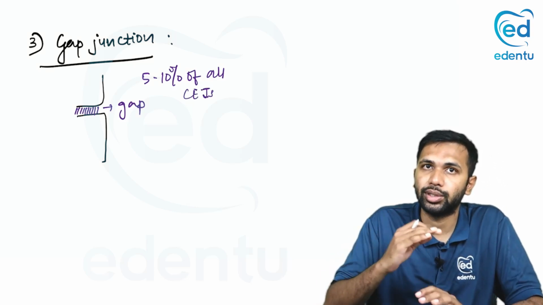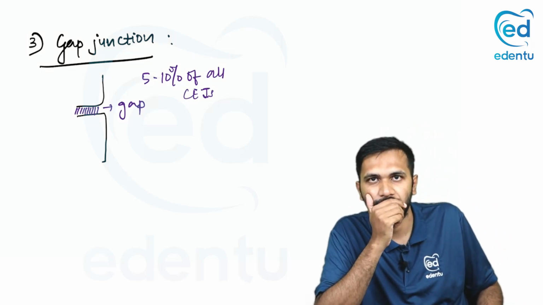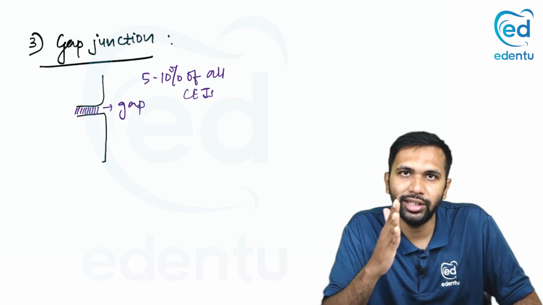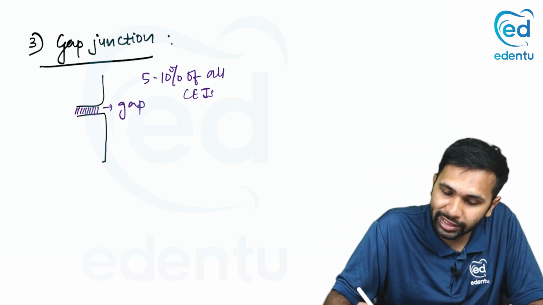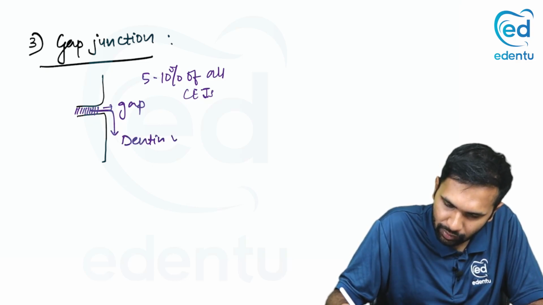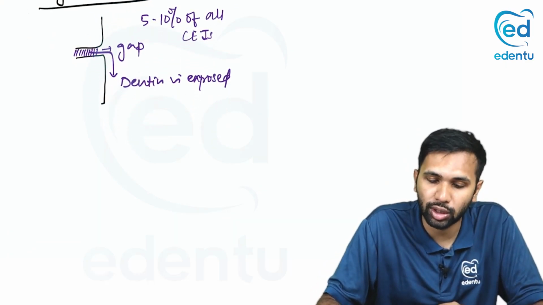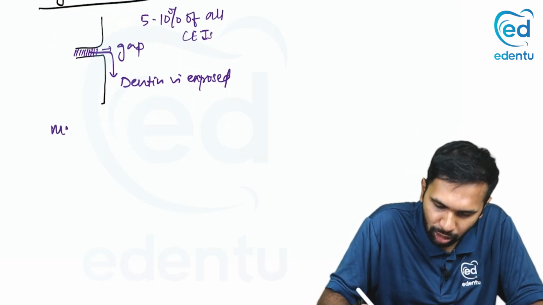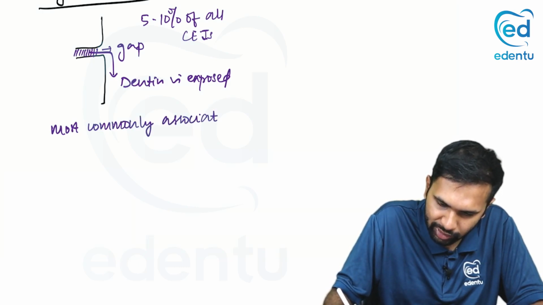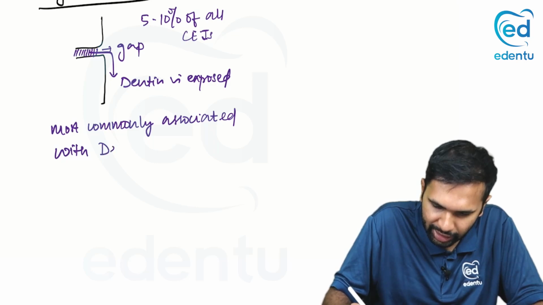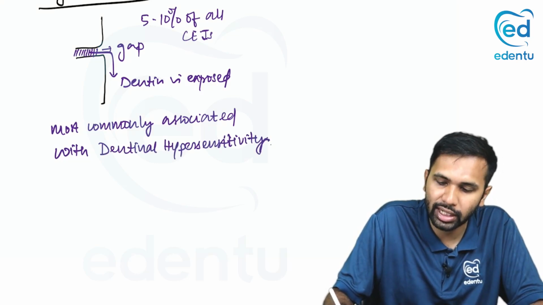And in this gap junction, if there is a gap between enamel and cementum, what tissue is exposed? It is the dentine. So if there is a gap junction, your dentine is exposed, and such areas are most commonly associated with dentinal hypersensitivity.